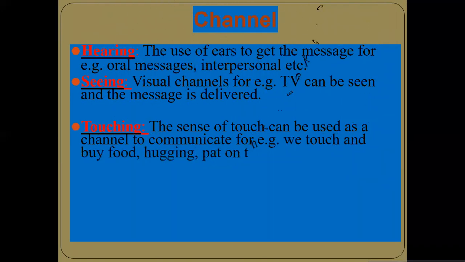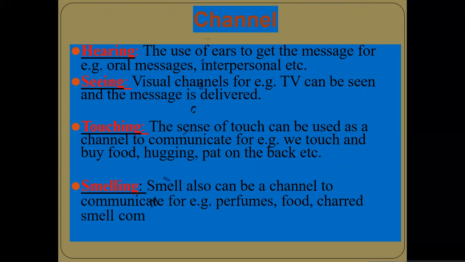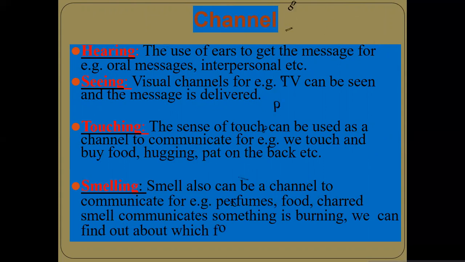For example, we touch and buy food, a pat on the back, etc. Smelling, the smell also can be a channel to communicate. For example, perfumes, food, a smell communicates something is burning. We can find out which food is being cooked, etc. So these examples are very clear for better understanding.